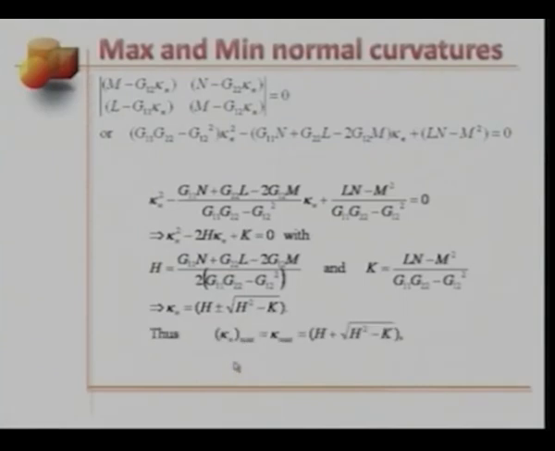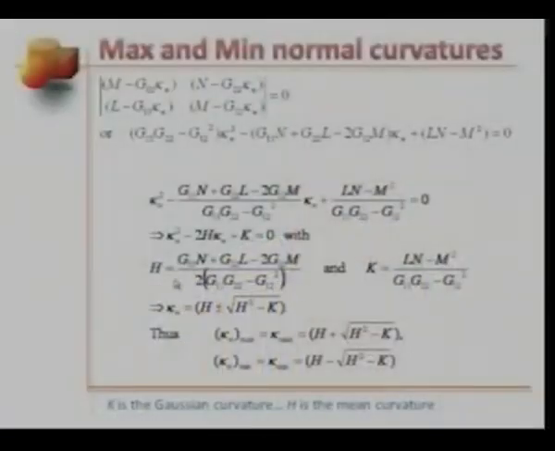So we'll have one extremum, kappa n max or kappa max, as h plus square root of h squared minus k, and a minimum kappa sub n min, or kappa min, which is equal to h minus square root of h squared minus k. This coefficient here, h, is called the mean curvature, and k is called the Gaussian curvature.